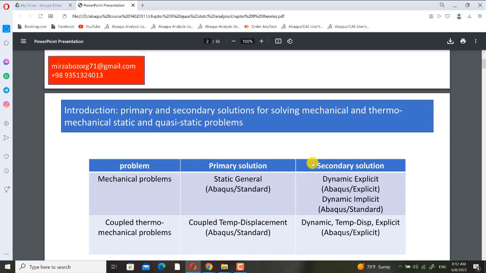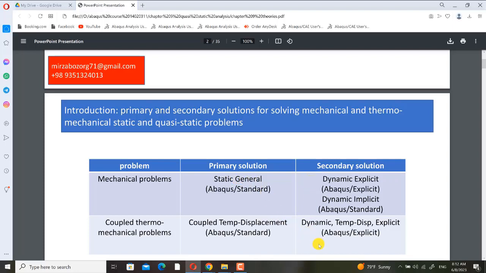The secondary solutions for mechanical problems are dynamic explicit and dynamic implicit steps. The solver of dynamic explicit is Abaqus explicit, and the solver of dynamic implicit is Abaqus standard. So the solver of the dynamic implicit step and the static general step are the same.